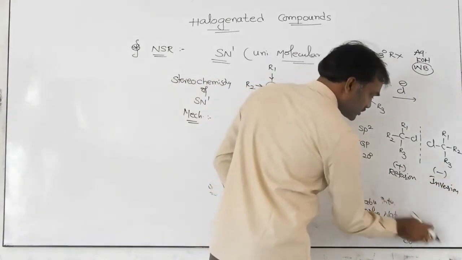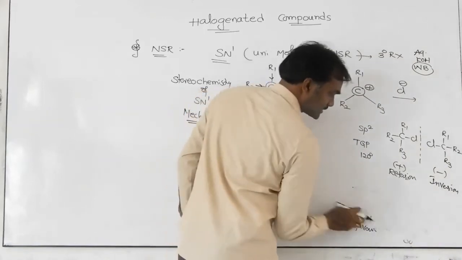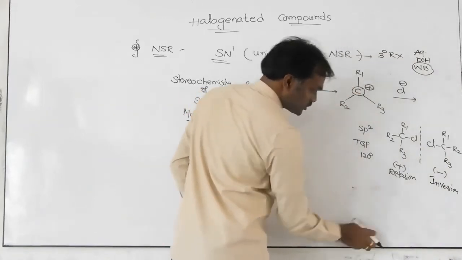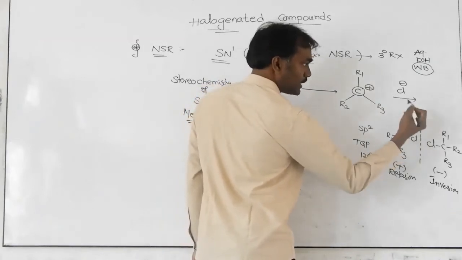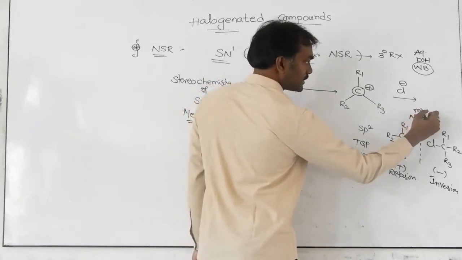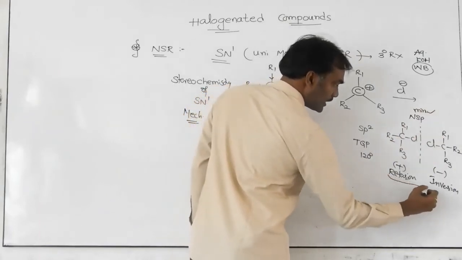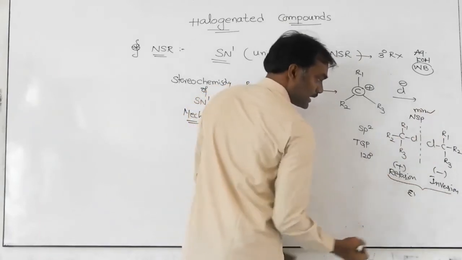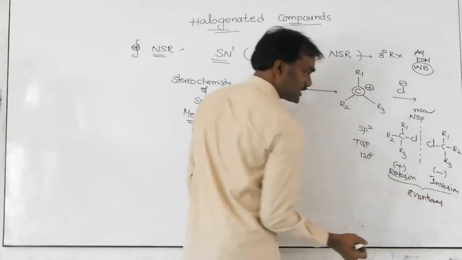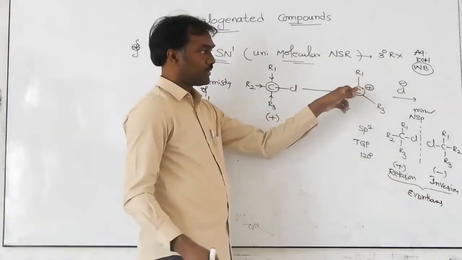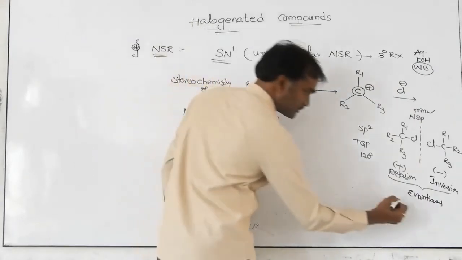So what about these two? Both are non-superimposable mirror images. So these two are called enantiomers. There is equal possibility, either top or bottom, 50-50 possibility.